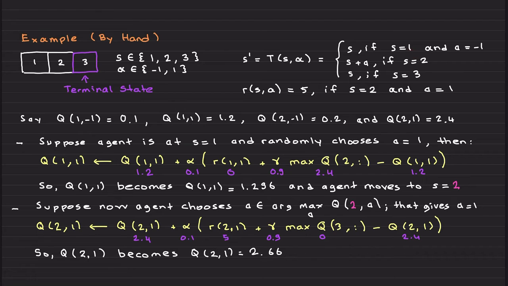If you are on state 2 and let's say you get -1, your S prime becomes 1. So you move to the first state, or if it is +1, 2 + 1, so S prime becomes 3, you move to the terminal state. And if you're on the terminal state, do nothing basically. There is no action variable here.